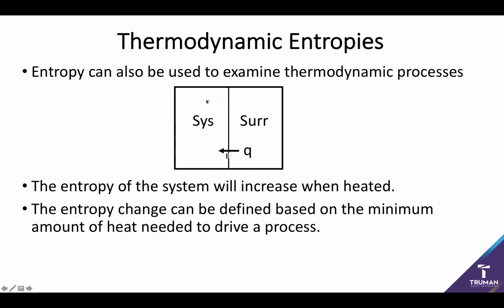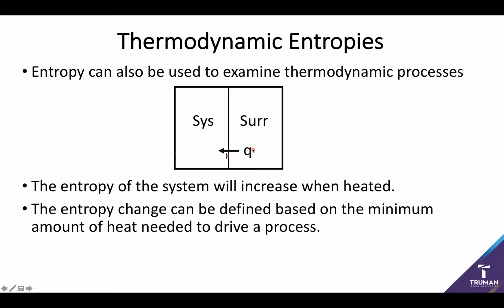So if I have some description of my system, I'm going to be looking at the minimum amount of heat needed to cause that rearrangement, not the actual amount of heat used. And this is going to give me some information about how the microstates inside my system change.